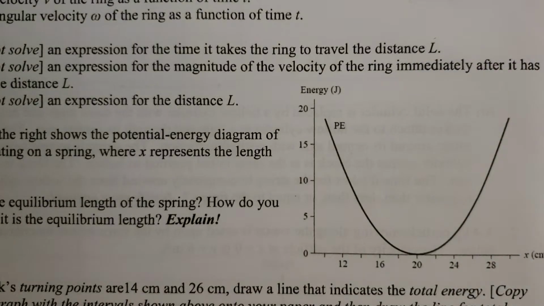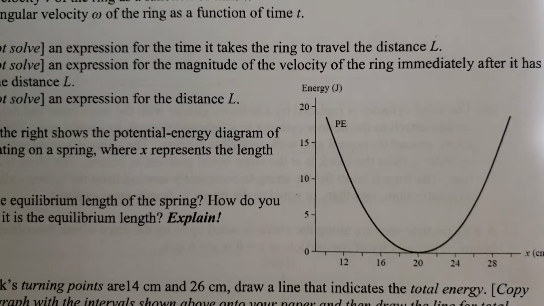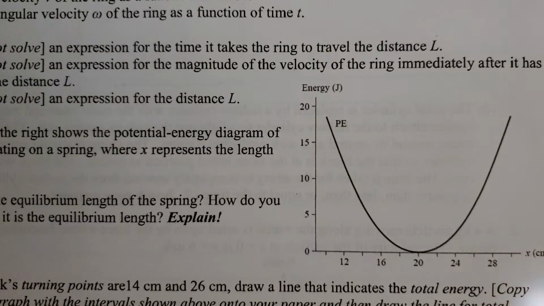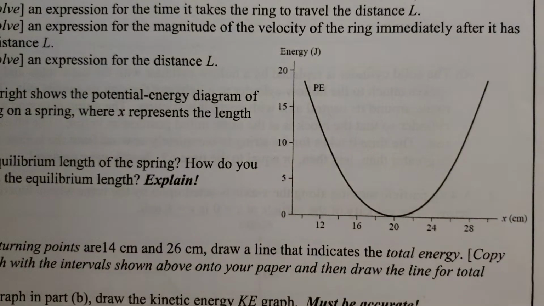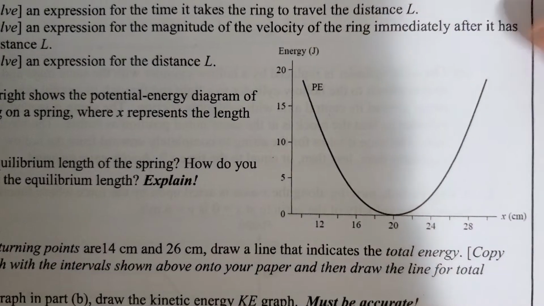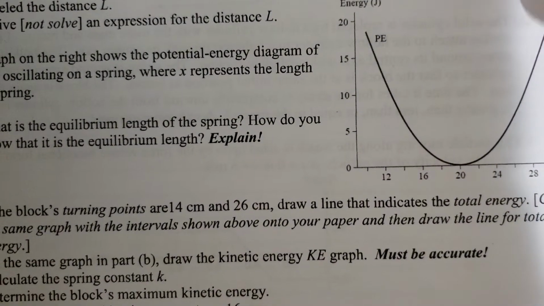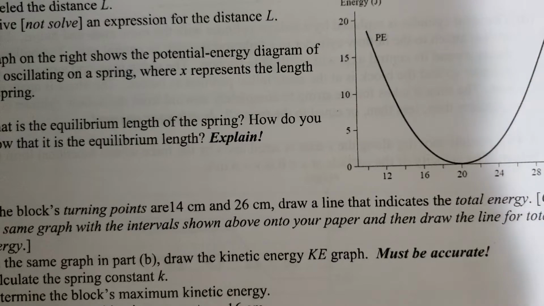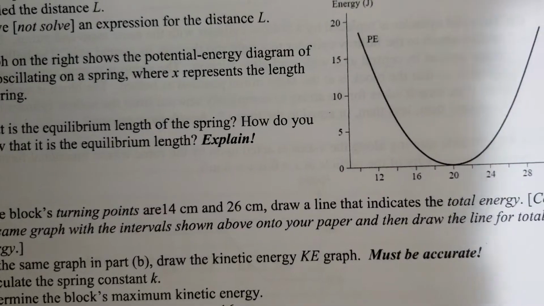Okay, so for FRQ number 4, we are given a potential energy diagram of a block oscillating on a spring, and the x-axis represents the length of the spring. So part A asks us to determine what is the equilibrium length of the spring, and how do you know that this is the equilibrium length.